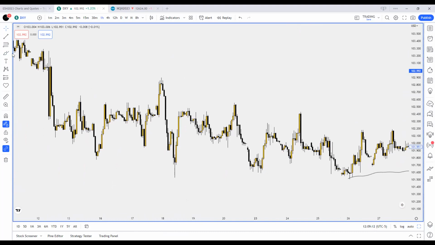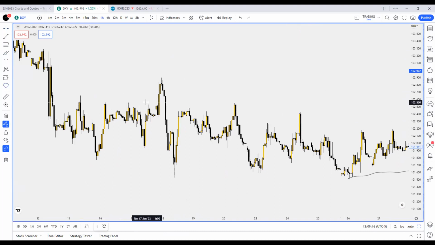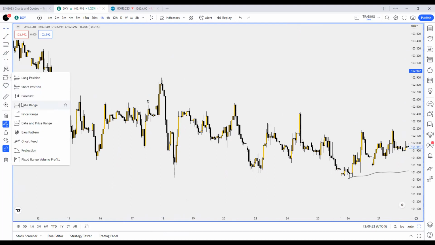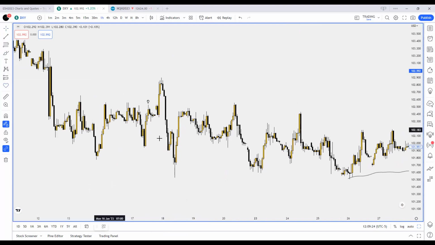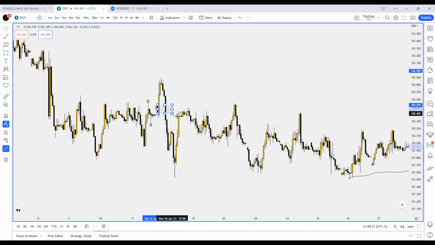So we have a high, a low. Whether you want to use this low or this low doesn't really matter. And then you have these down closed candles in here.